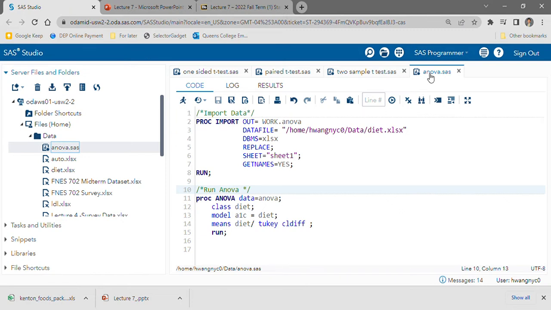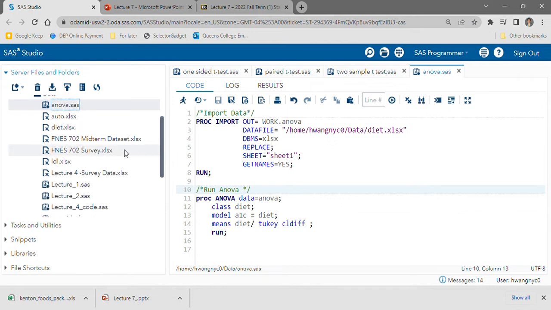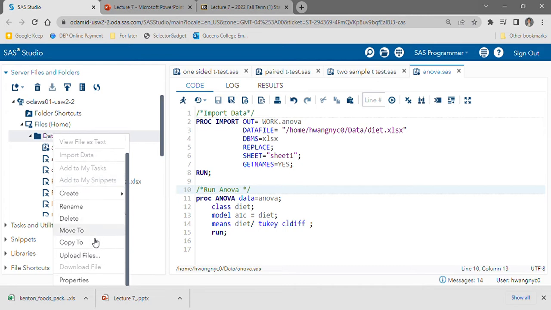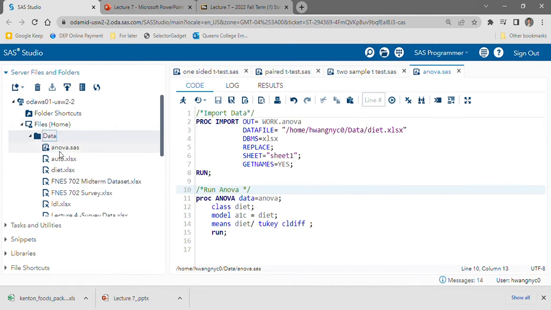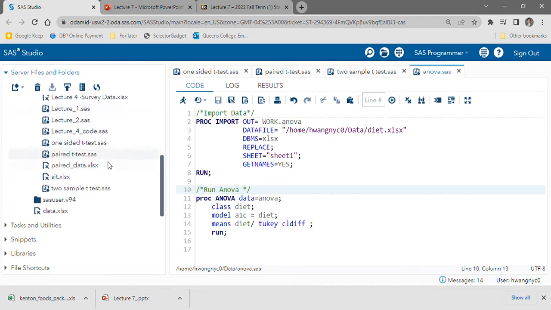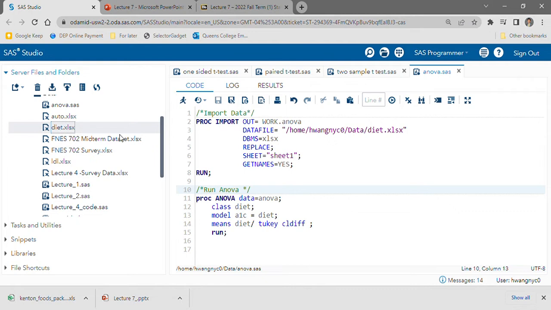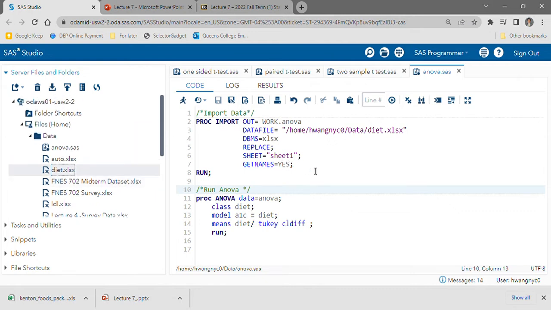This is the ANOVA code that is uploaded on Blackboard. You'll want to right-click, upload files, and upload the code. And you'll want to upload the data set, which is called diet.